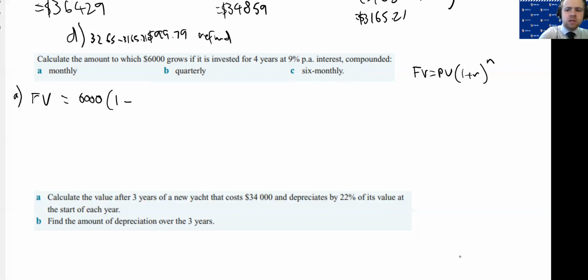The rate was 9%, except we're doing it monthly, so we're going to divide that by 12. And then the number of terms is going to be 4 times 12, because we're going to have 12 months each year in order for that interest to be added.